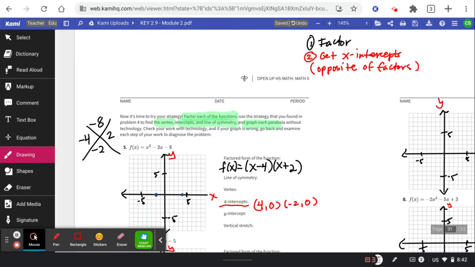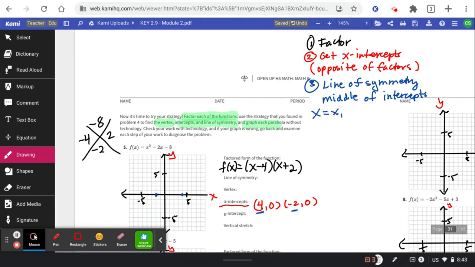Now that we have those two dots on there, we can get the line of symmetry. We noticed that if those are the two dots on the graph, the line of symmetry is the middle of the two intercepts. So I can look on the graph and see where the middle is, or I can actually just take the middle right here of these two numbers. So how do I get the middle?